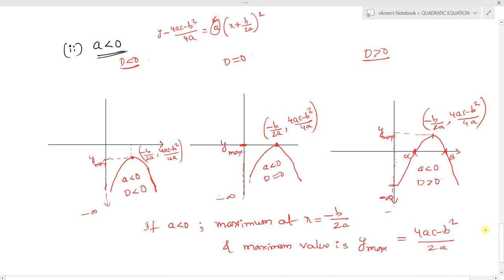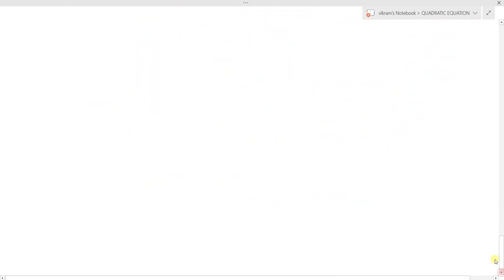Now this is the way of finding the minimum and maximum values of the given quadratic equation, and I am summarizing over here.